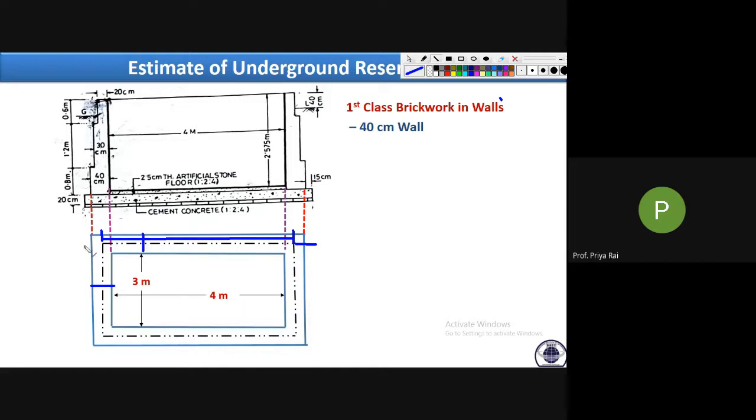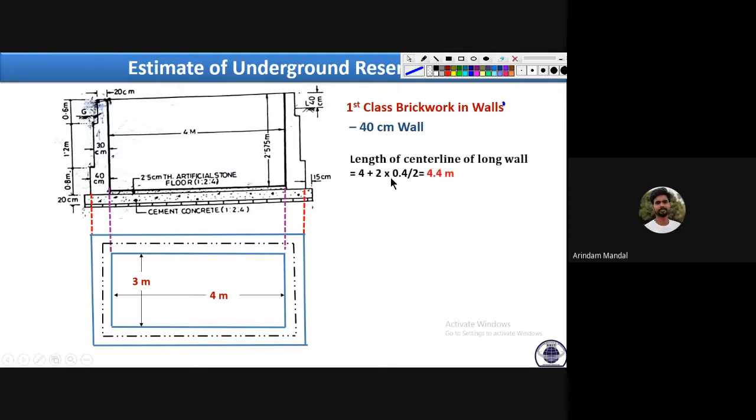From here to here it is 4, and this side it is 40 centimeter, meaning 0.4, and this much is 0.4 by 2. So 0.4 by 2, then 4, then 0.4 by 2. So we are getting 4.4. So this length is 4.4 meter.